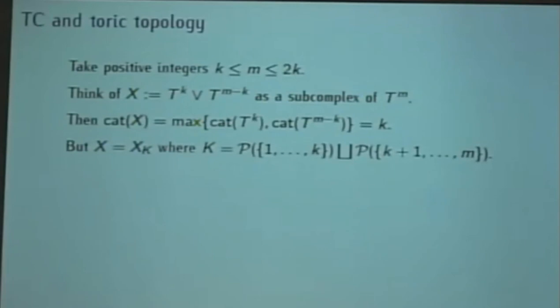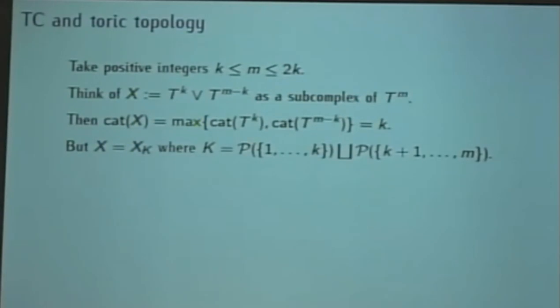But on the other side, this wedge sum is nothing but this polyhedral product for the abstract simplicial complex given as all simplices in the first k coordinates and all simplices in the last m minus k.